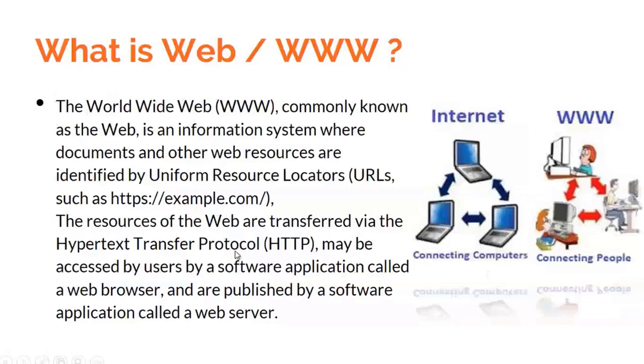Certain rules are defined for networking devices on how to transfer multimedia data and hypertext data, and in that case the hypertext transfer protocol helps you. It is accessed by users through software applications called web browsers.